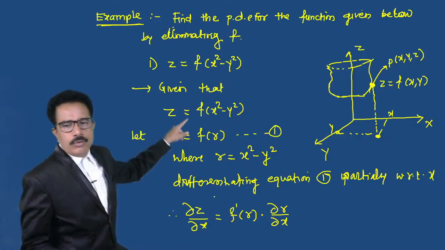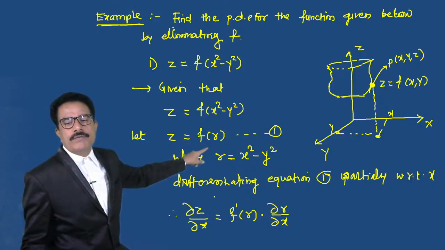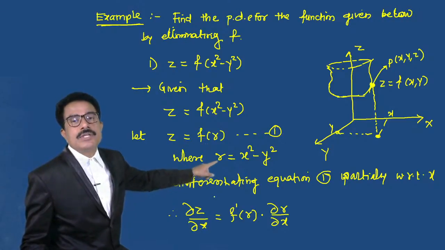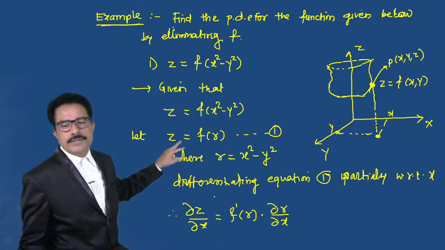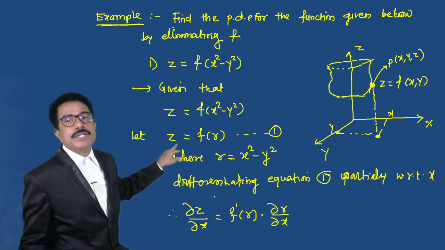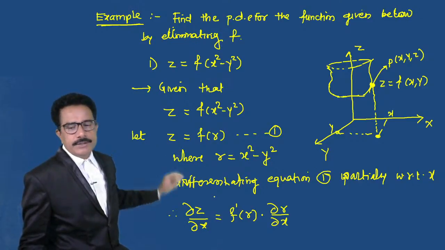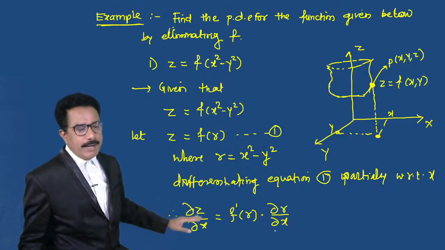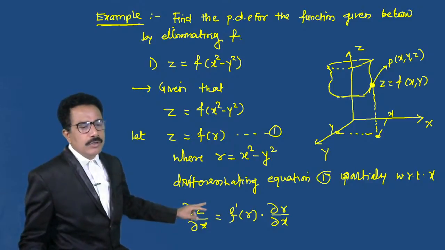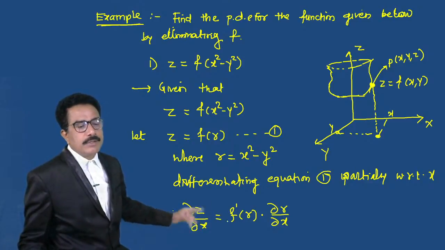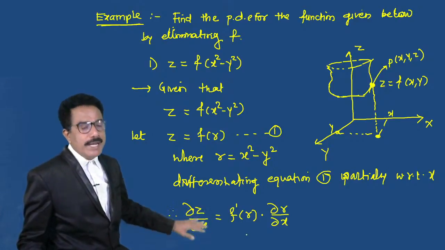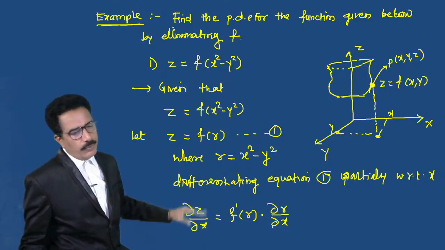See this, we have to differentiate this. z is equal to f of r. z is a function of r, which is again a function of x and y. We have to differentiate this z with respect to x partially, then dou z by dou x is equal to f dash of r into dou r by dou x. f dash of r means actually dou f by dou r into dou r by dou x.